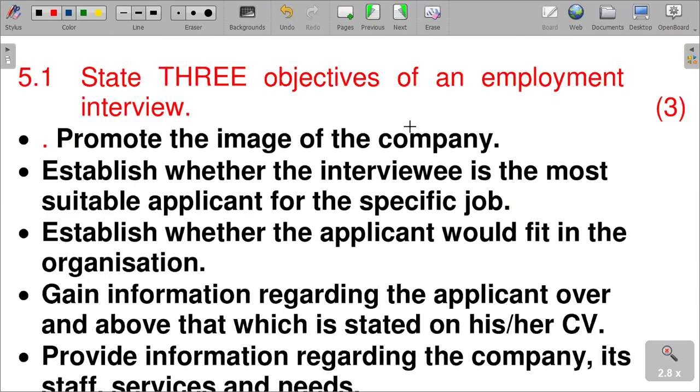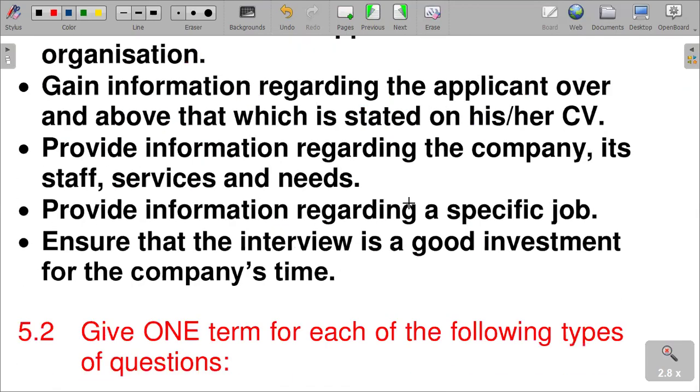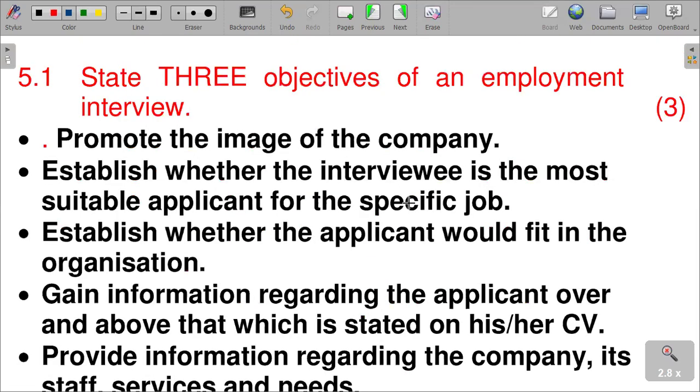State three objectives of an employment interview. Why do people go through interviews? In these answers, you should choose any of the three. One, promote the image of the company, how the organization presents itself.